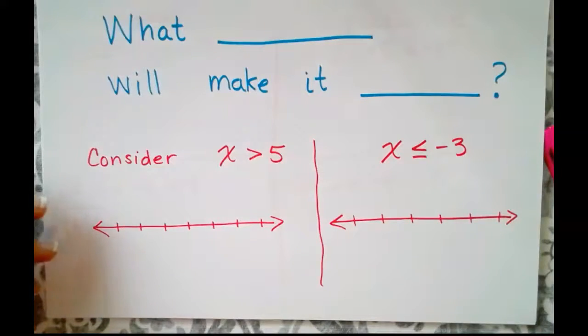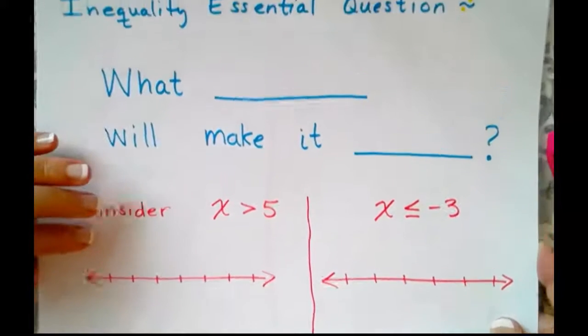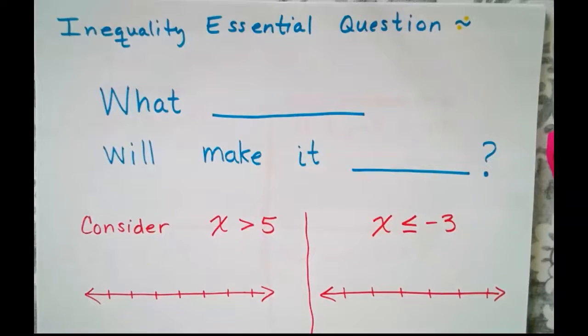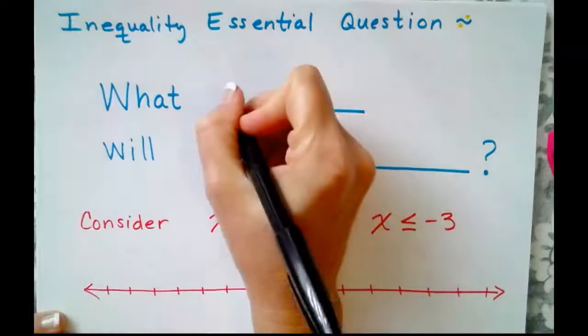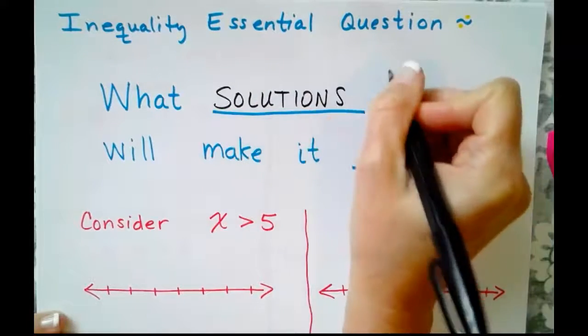Let's keep moving. So, we also have an inequality essential question. When we're talking about inequalities, we're not necessarily looking for a single answer or a single solution. So our essential question for inequalities is going to be, what solutions?